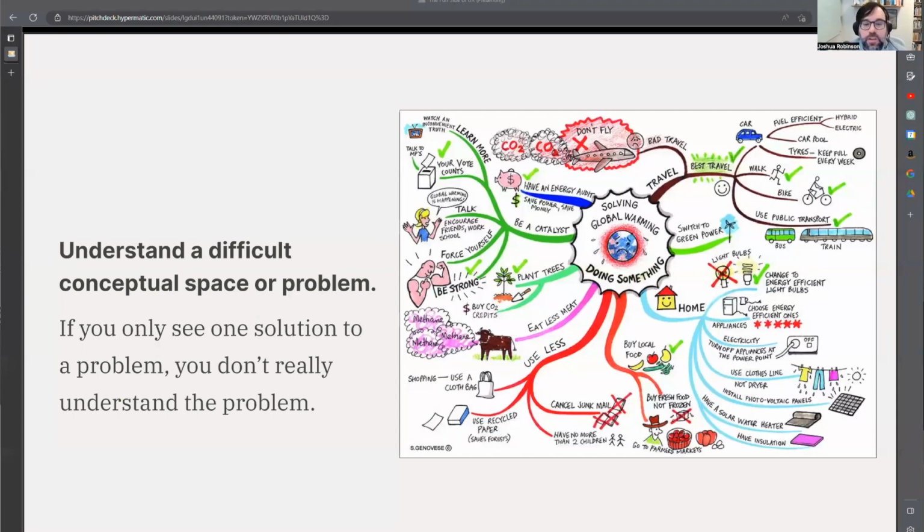They were trying to understand the conceptual space of global warming. I could have done the same thing and mapped out all of the different relationships of fun. But I always remember a quote that I ran across. I can't attribute it to anyone. But that quote was, if you only see one solution to a problem, you don't really understand the problem.